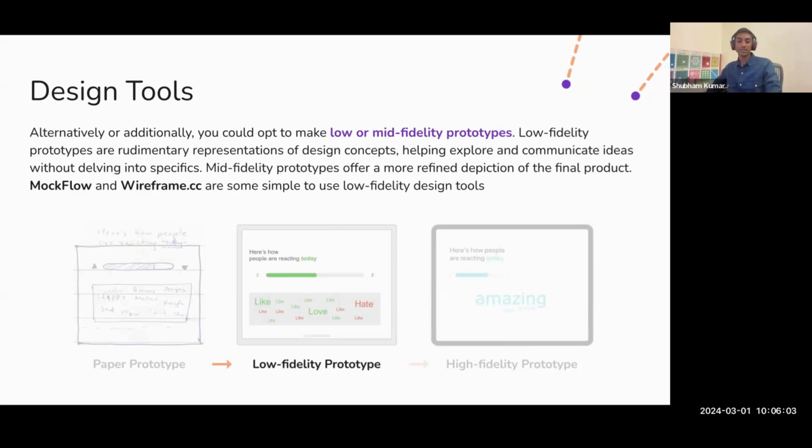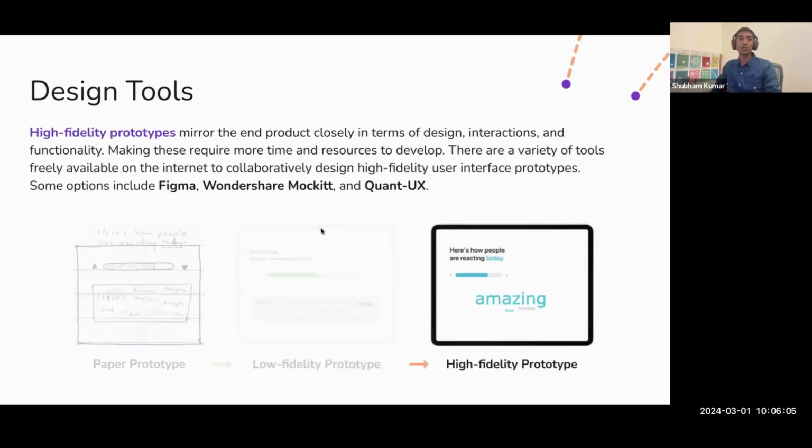And then moving to the next slide, speaking of final version, you have high fidelity prototypes. Over here, you would focus on how the user interface would actually look, so design aesthetics and even little things like your colors, themes, etc. that you're going to want to use.